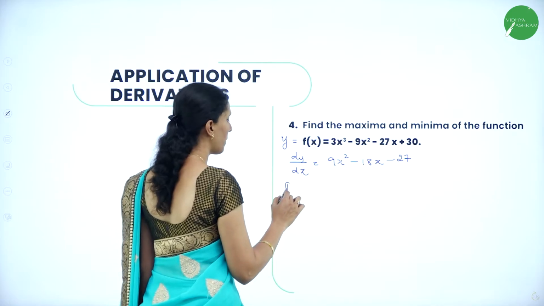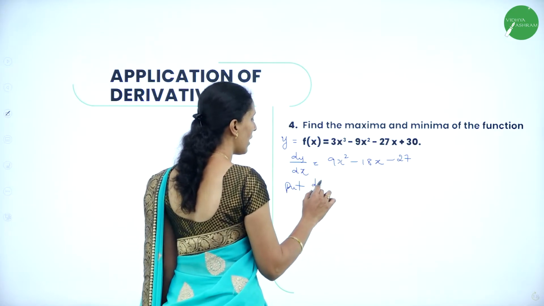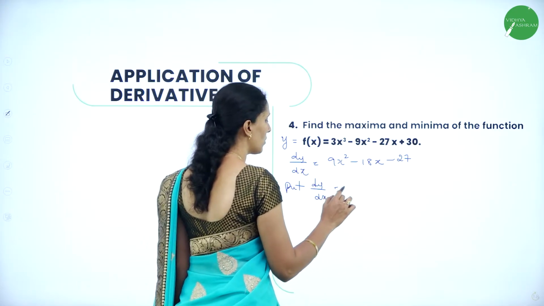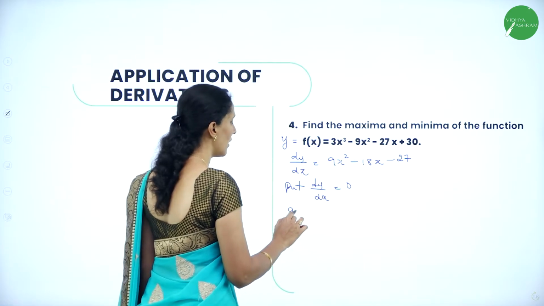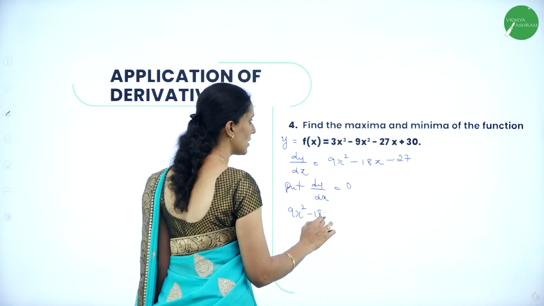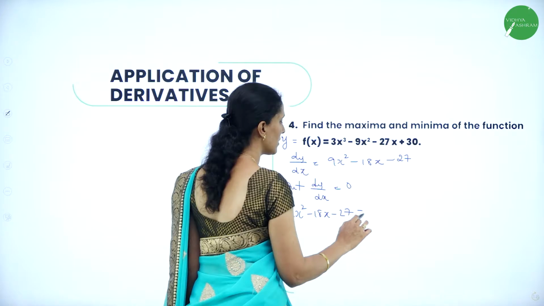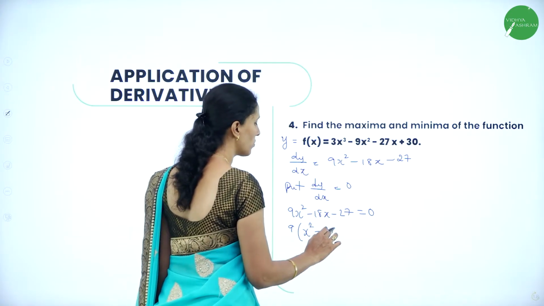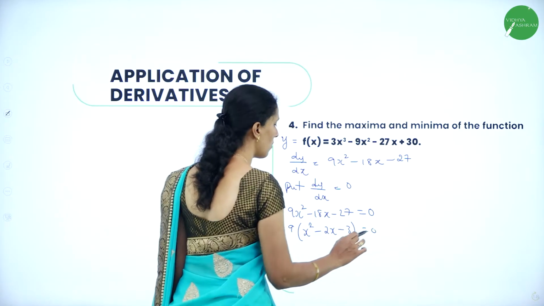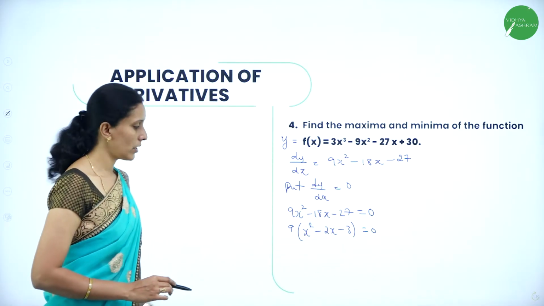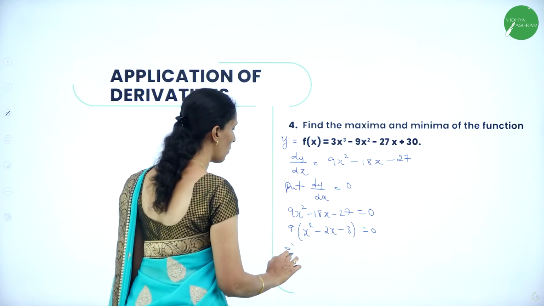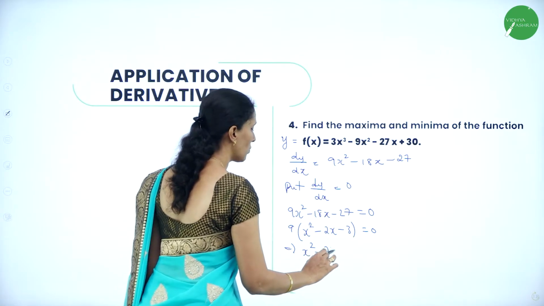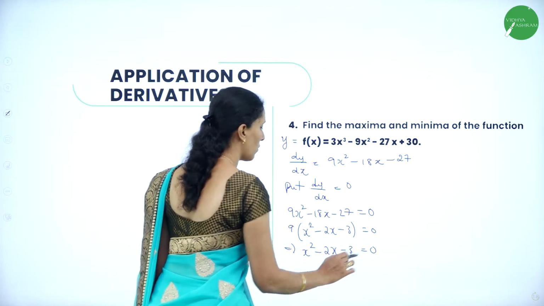Next, put dy by dx is equal to 0. So we'll get 9x square minus 18x minus 27 is equal to 0. Take 9 common factor, we get x square minus 2x minus 3 is equal to 0. So 9 cannot be equal to 0. So therefore I can equate the equation x square minus 2x minus 3 is equal to 0.